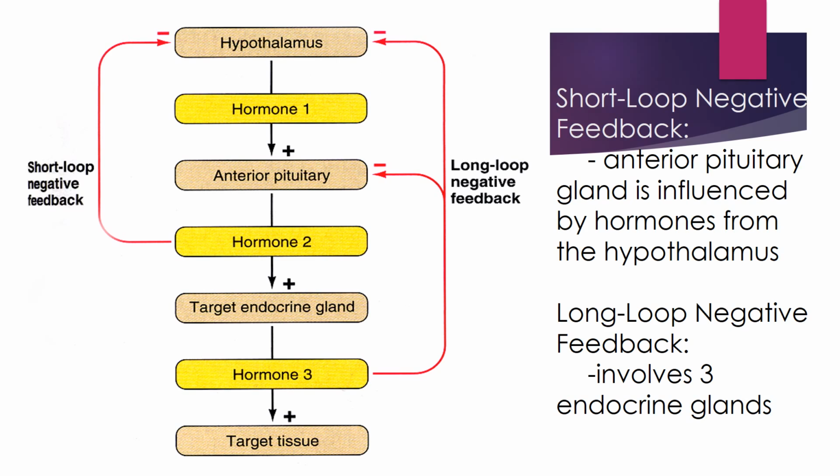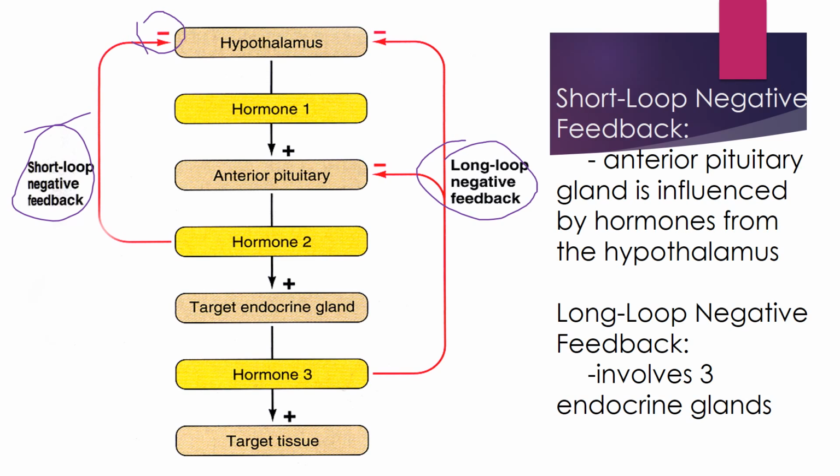Regulation of hormones from the anterior pituitary gland includes a short loop negative feedback system and a long loop negative feedback system. However, the final product of what is secreted by the pituitary hormones is due to negative feedback inhibition.